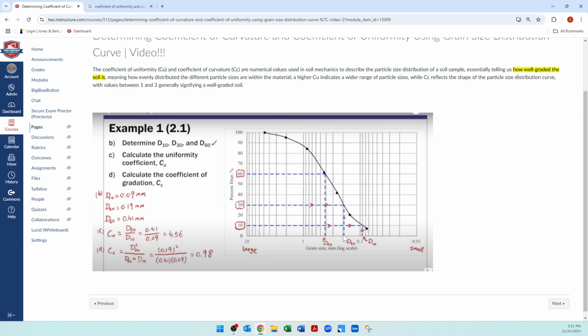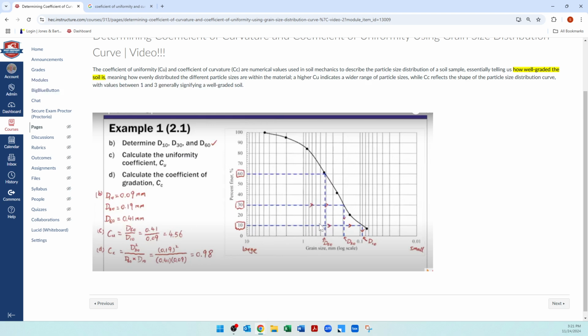A tenth would be a tenth. I'm sorry. Yes, that's a tenth. This is 1, 2 tenths, 3 tenths, 4 tenths, 5 tenths. I don't think that's right.